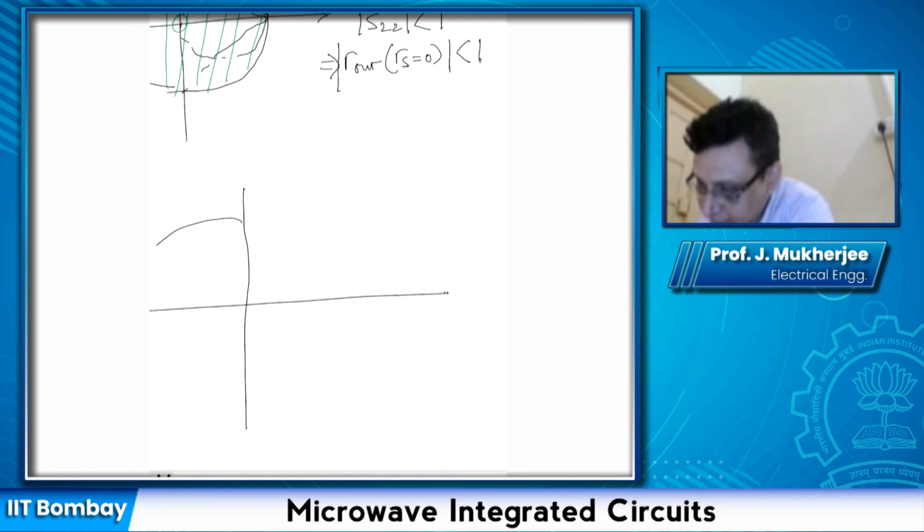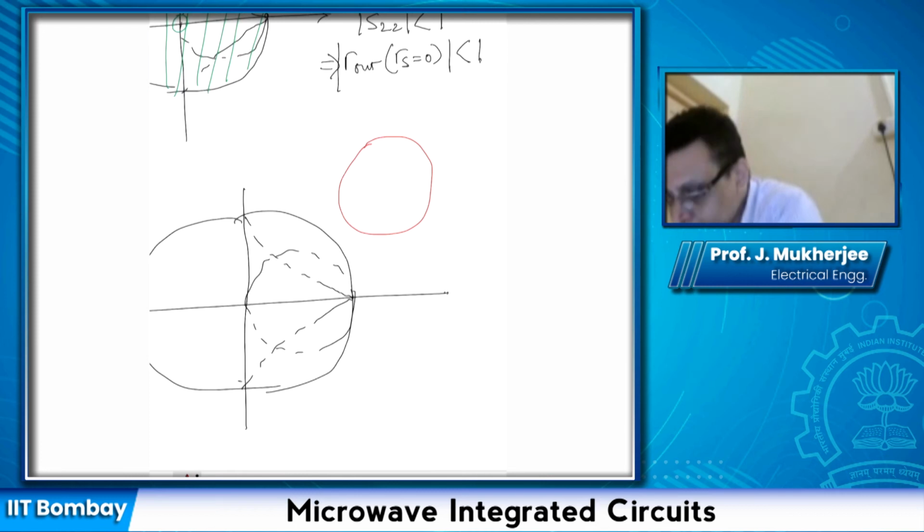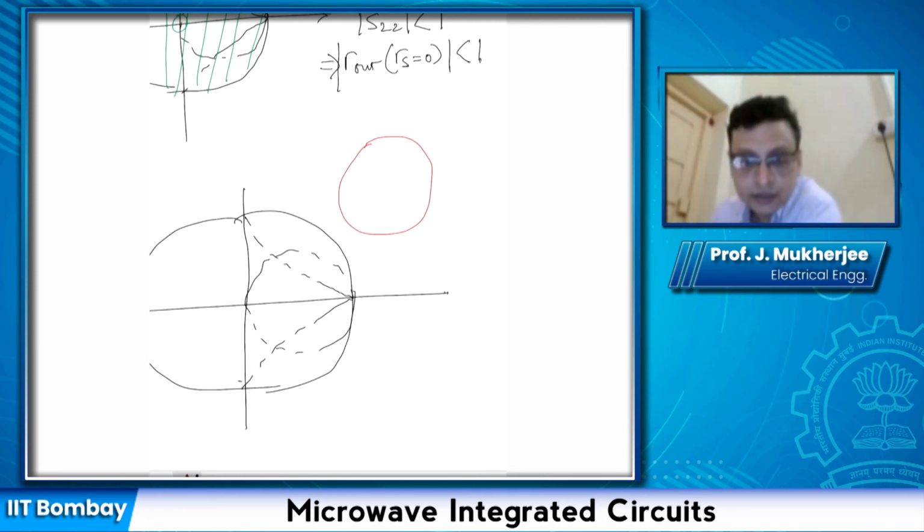So once again, this is our Smith chart, and say my input stability circle is like this, totally outside the unit circle. Then what is the situation?